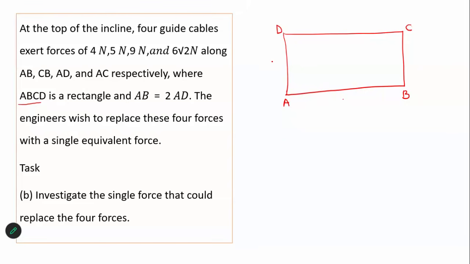So let the distance AD be X. From here up to here is where I'm calling my X. It means that my AB is going to be twice of X. So here you'll have twice of X.